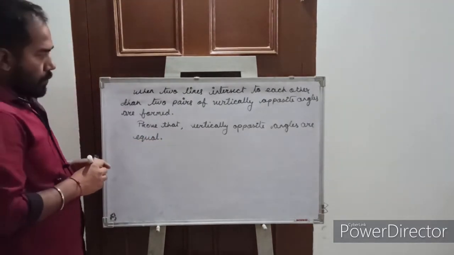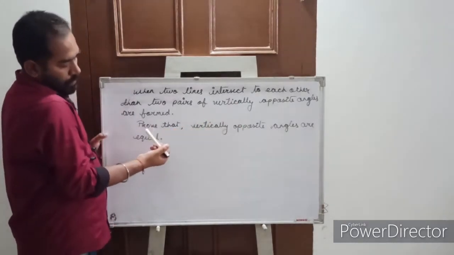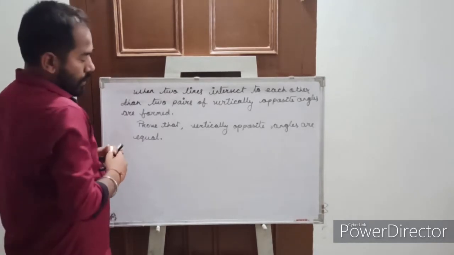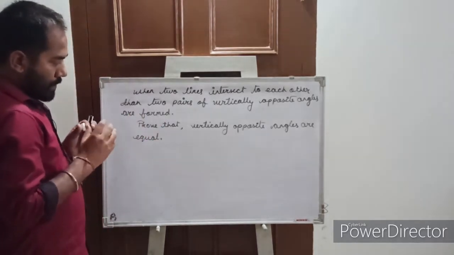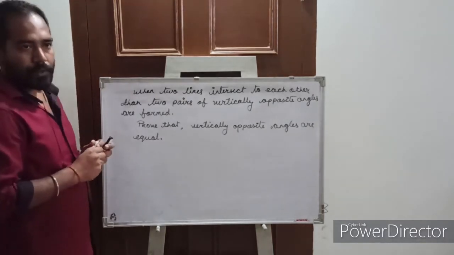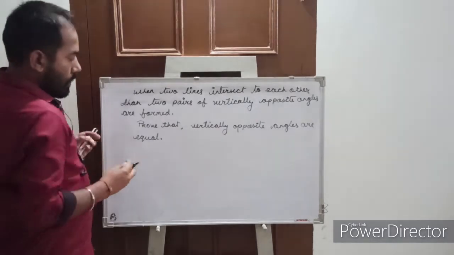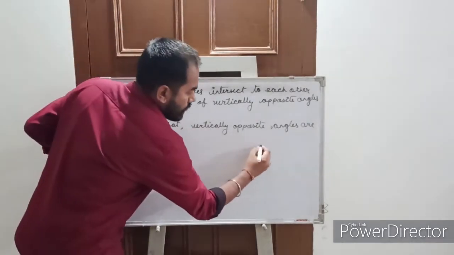Okay, so we already know what a vertically opposite angle means. To prove that vertically opposite angles are equal, we must have a concept about the linear pair of angles. So let's see how we can use this here.